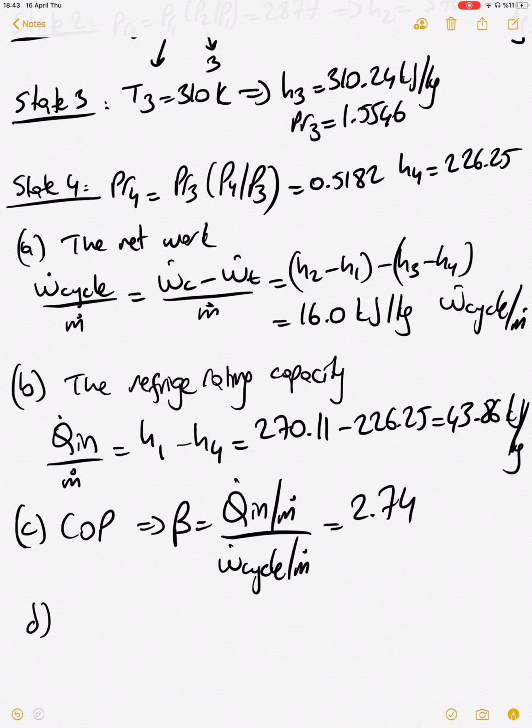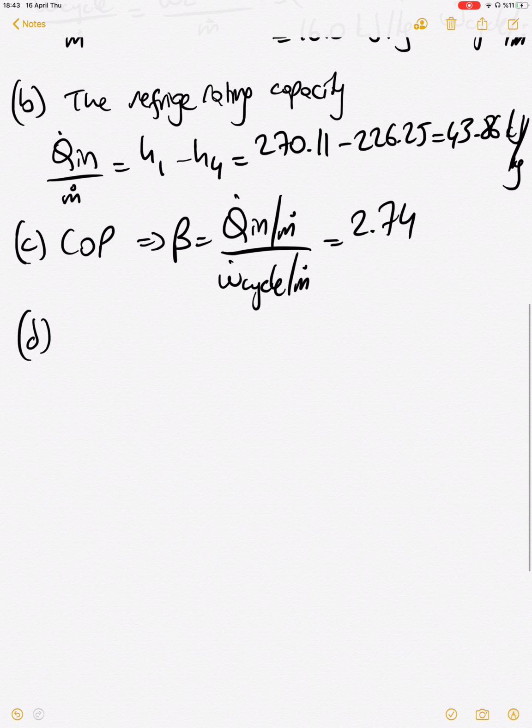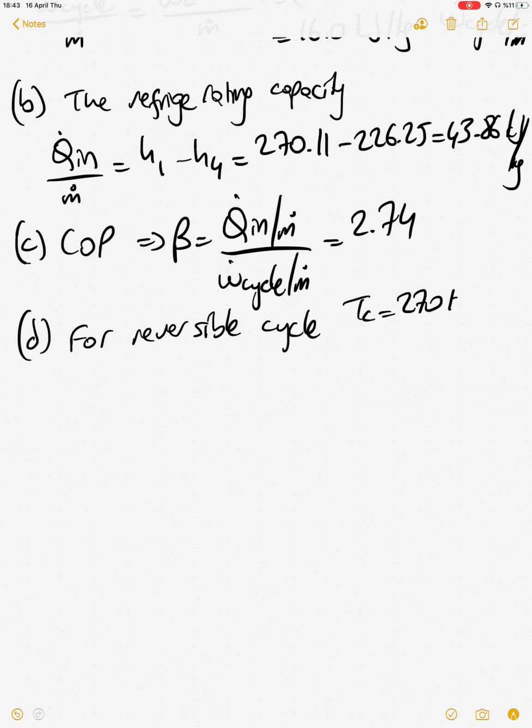And if you look at the ideal, the coefficient of performance for a Carnot refrigeration cycle operating between the same reservoirs, for a reversible cycle, T cold 270 Kelvin and T hot 310 Kelvin.